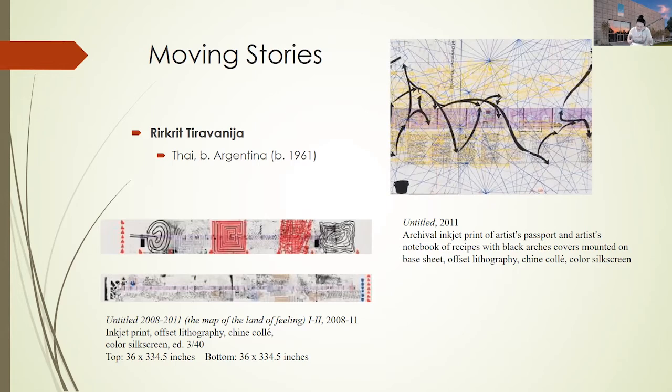And then the background papers are a wide range of materials: tourist maps, topographical maps, architectural drawings, journal entries, book covers, artworks that he was influenced by, as well as recipes that he's collected over the years.